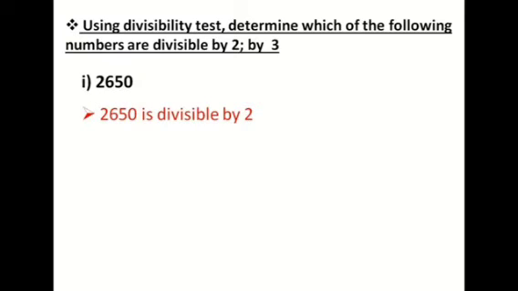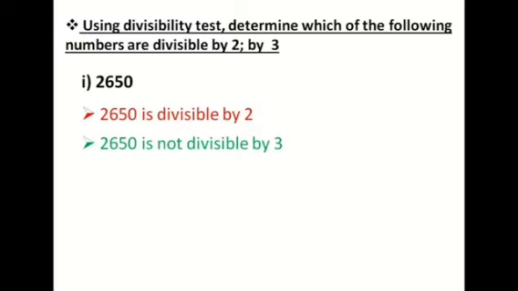So 13 is not divisible by 3. So the number is also not divisible by 3. So you write down 2650 is not divisible by 3. If you feel that you need to do the addition, you can do it in your working column, and then finally write the answer whether it is divisible by 3 or not. I hope you are clear.